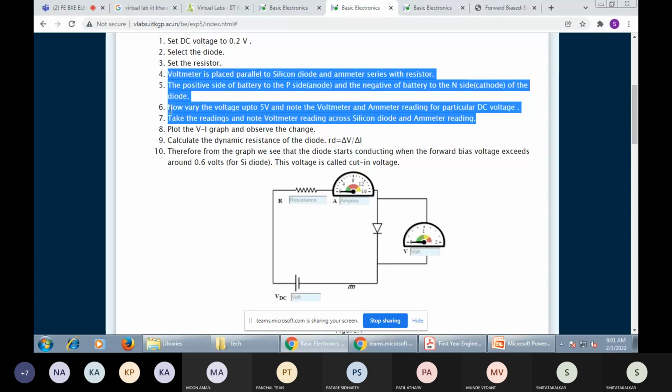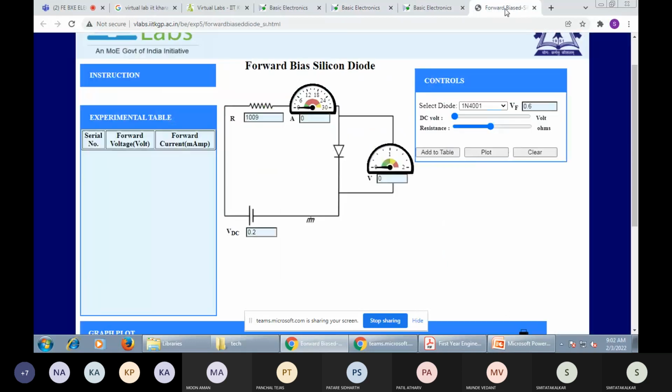Then the sixth one. Now vary the voltage till 5 volt. Vary the DC voltage till 5 volt. After that you can see Vf. The forward voltage is 0.6 volt.